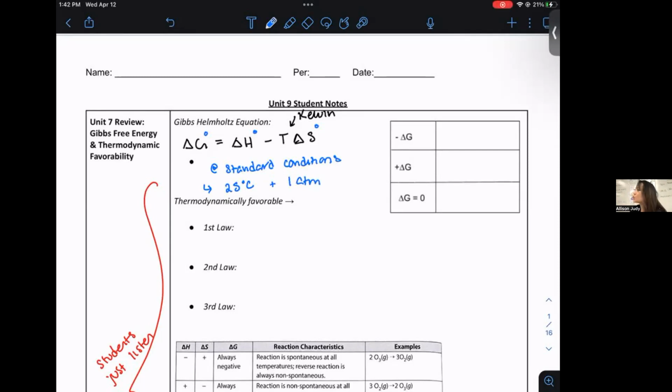Room temp tends to vary anywhere from 22 to 25, but when we say room temp in AP problems, we generally mean 25 degrees Celsius. Or 298.15 Kelvin, the standard conversion.